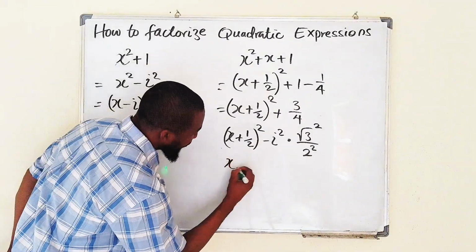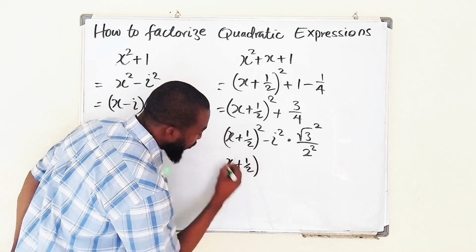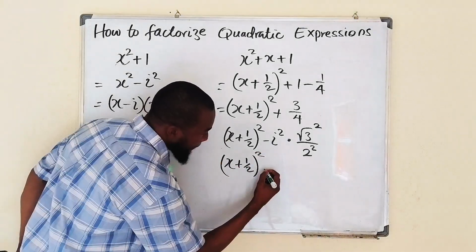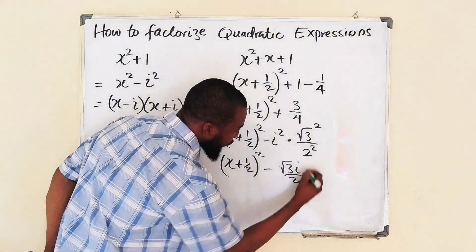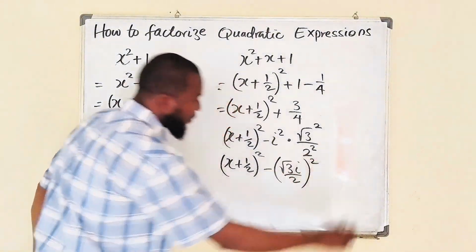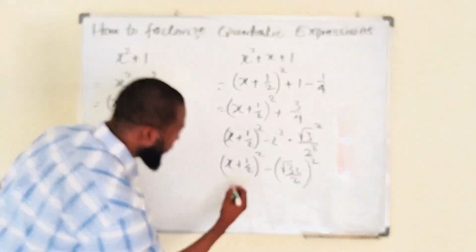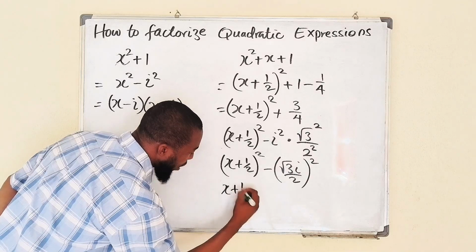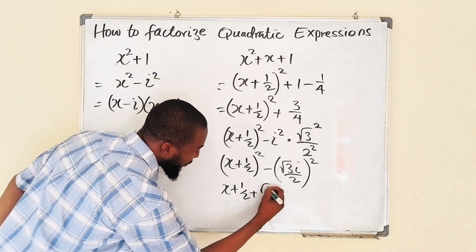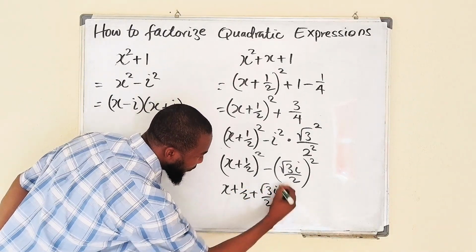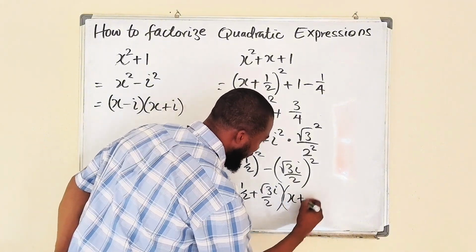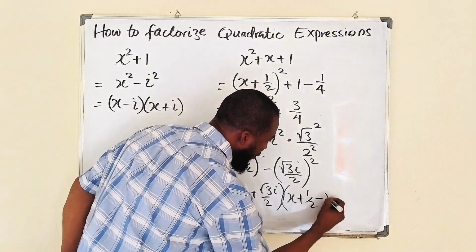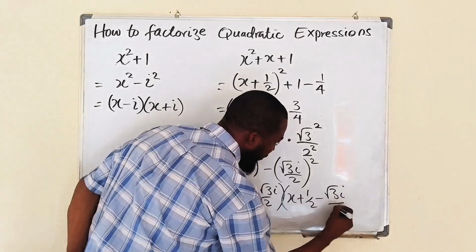So this is x plus 1 divided by 2 whole squared minus root of 3i divided by 2 whole squared. Difference of two squares. X plus 1 over 2 plus root of 3i divided by 2 multiplied by x plus 1 over 2 minus root of 3i divided by 2.